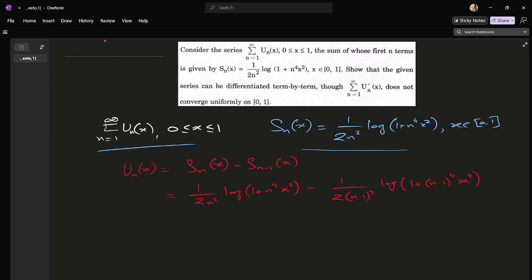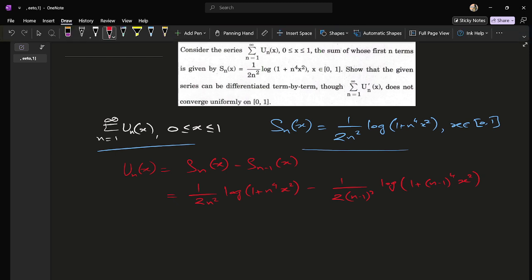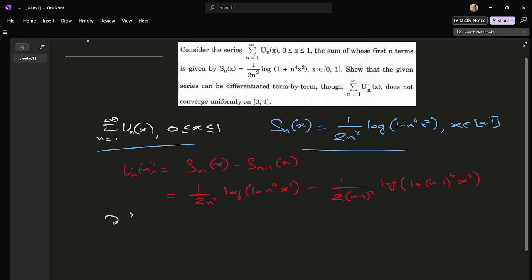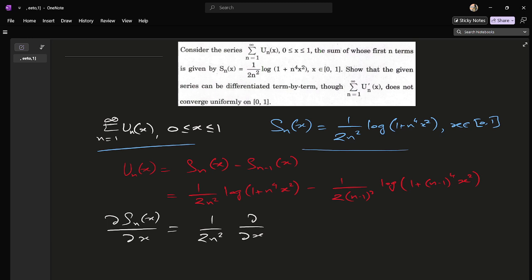Now, firstly, we are going to differentiate our S_n. So we first compute del S_n(x) by del x, which will be 1 by 2n square, which is constant so it will come outside, and del x of log.